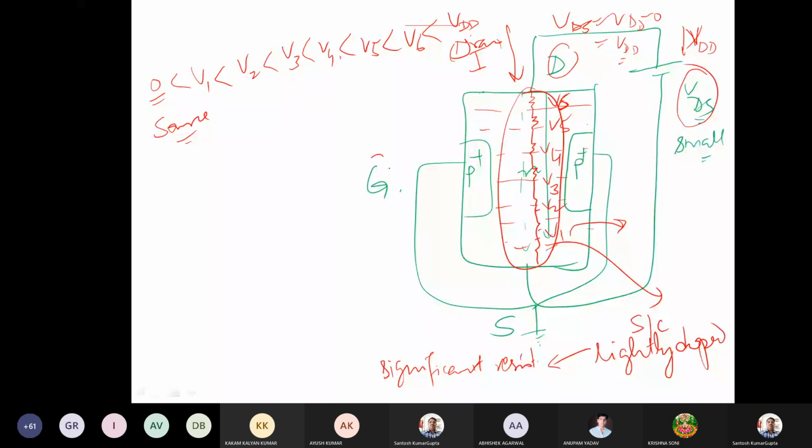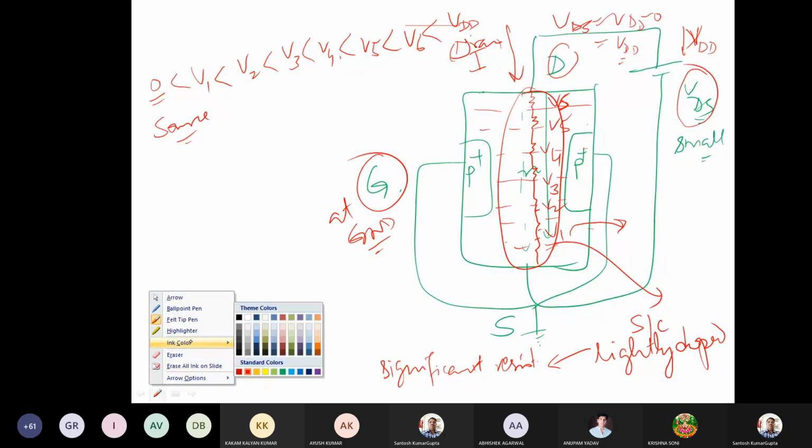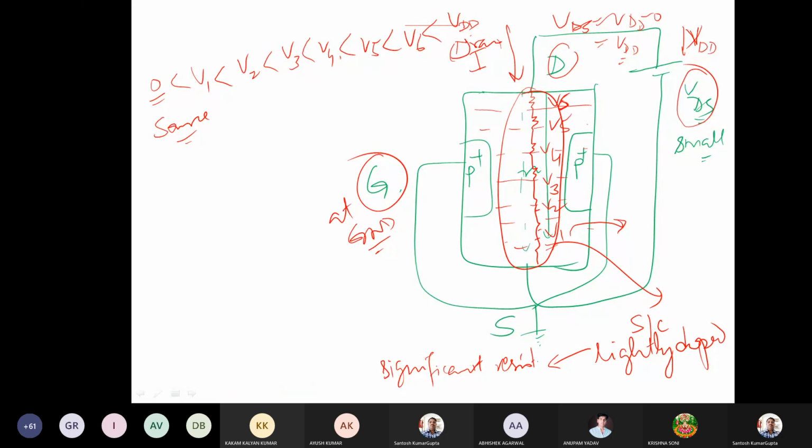Now the gate is at ground potential, at zero potential. So we can see the relative potentials of this P plus N junction. If we look at the relative potential of these regions, it happens to be different in different cross-section areas of this P plus N junction. The drain has higher potential and the source side has lower potential.